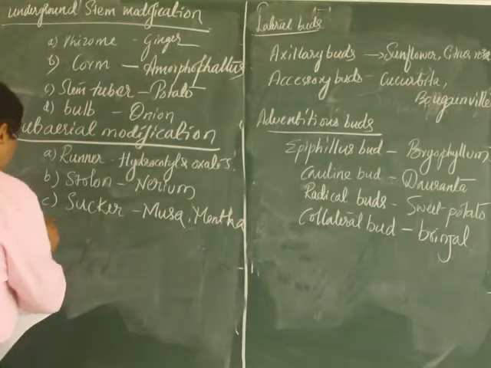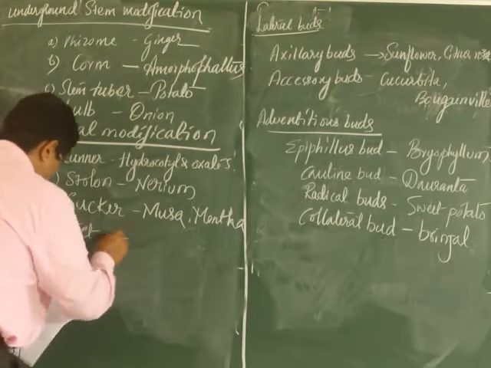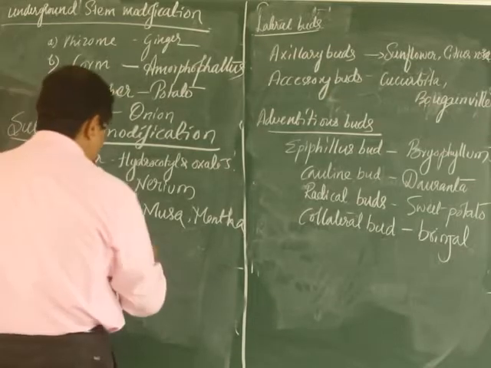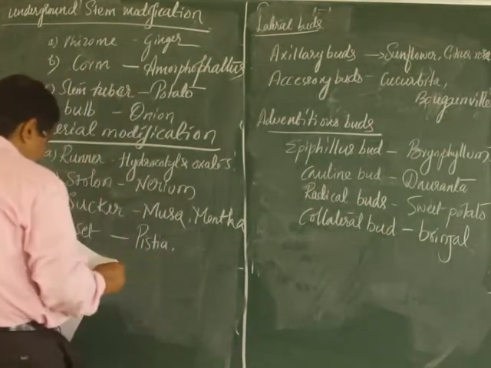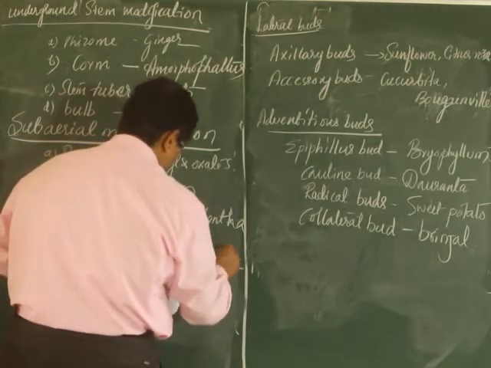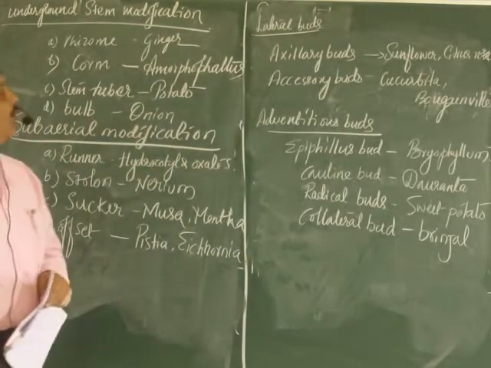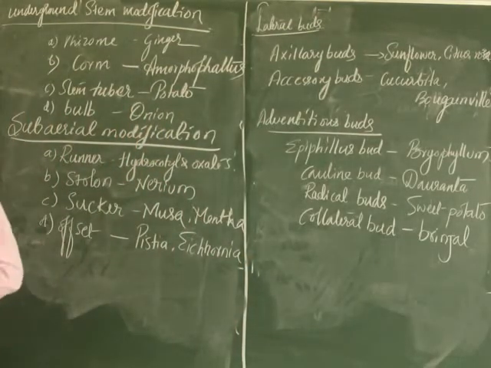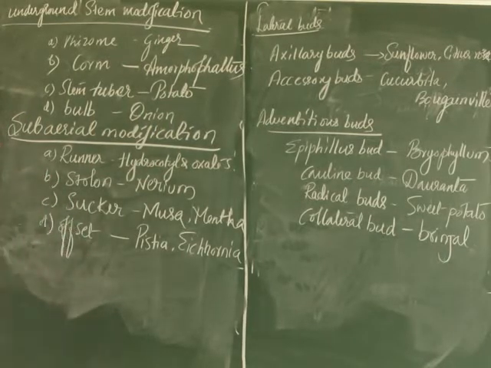Then offset, it is in Pistia and Eichhornia. So underground modification and subaerial modification we have seen.